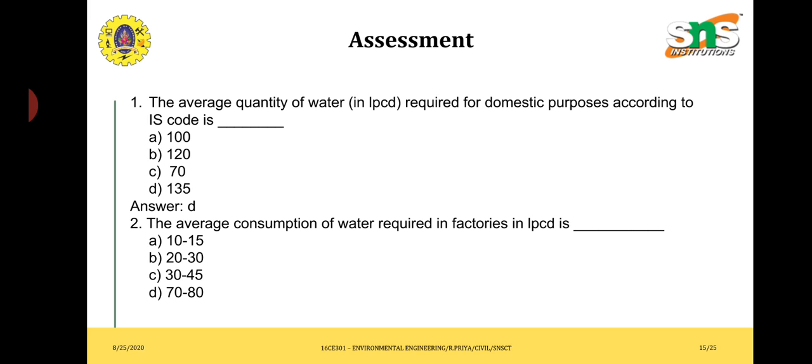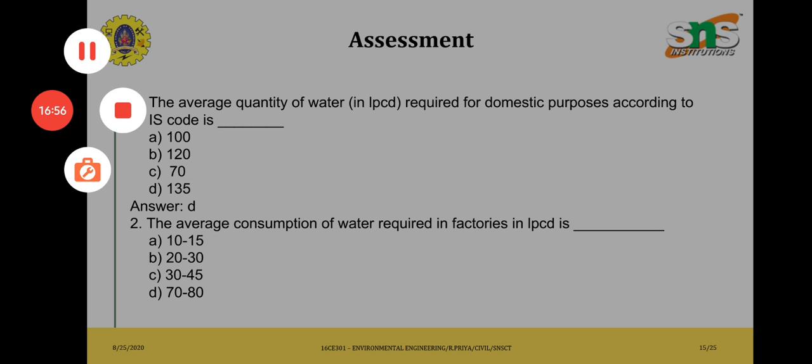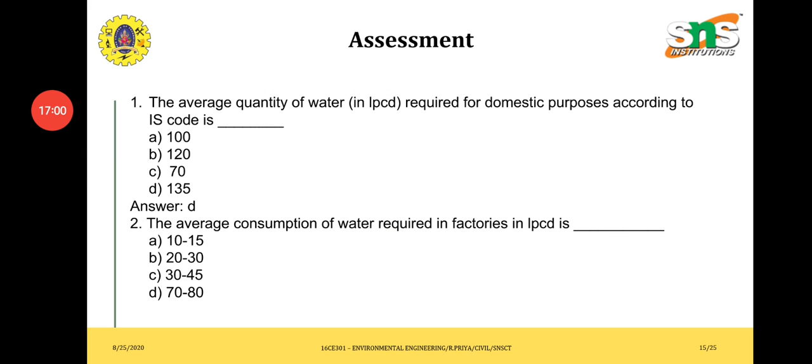How much water are we consuming for the factories? The answer is C, 30 to 45 liters per capita per day.